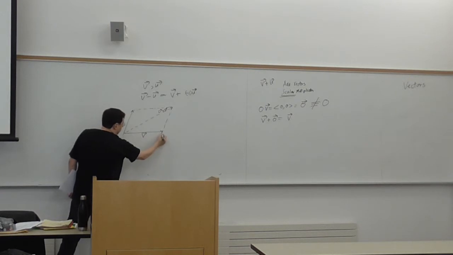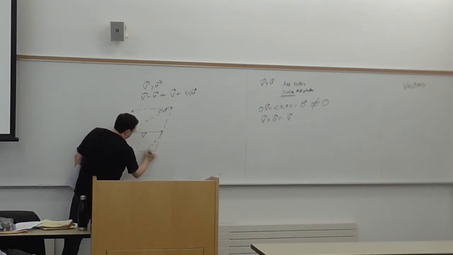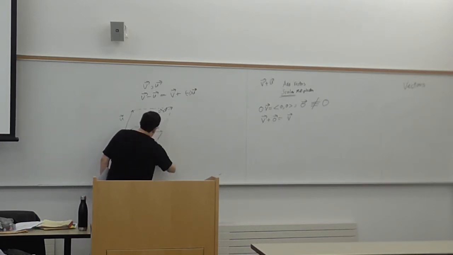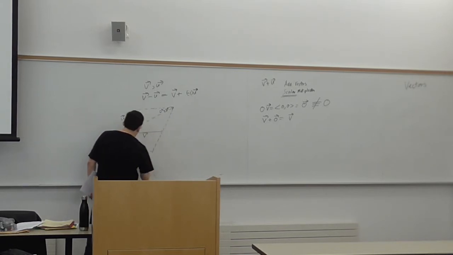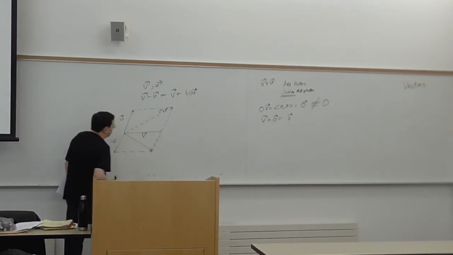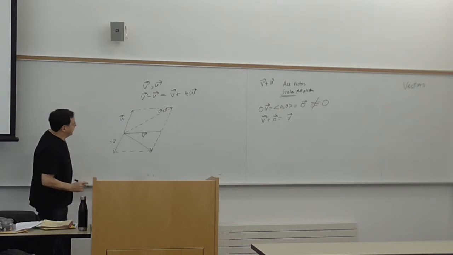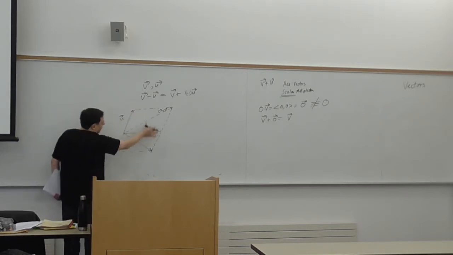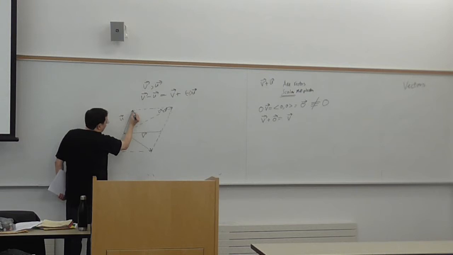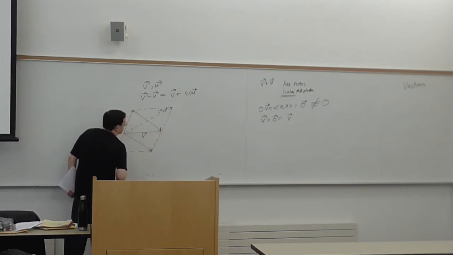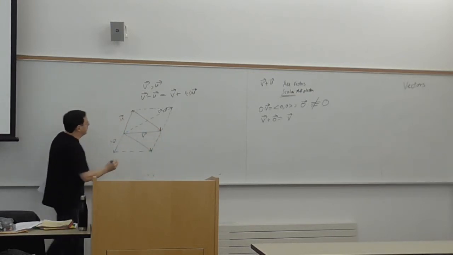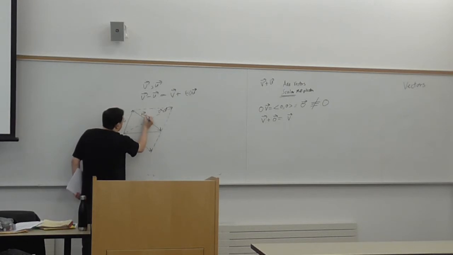And when I add minus u and v, I get a vector like this, but if you look at the geometry here, I could just as well move this over here. It's the other diagonal of this parallelogram. This is v minus u.